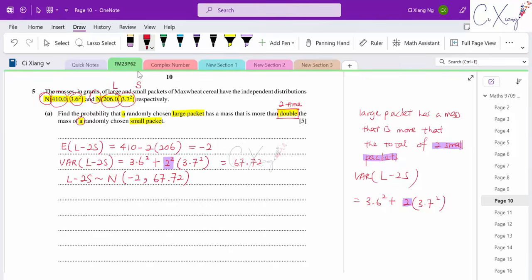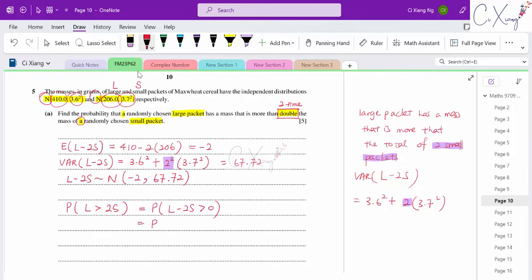Then now we will start to calculate the probability. According to the question, they are saying that one large packet is more than double the mass of one randomly chosen small packet, so 2s, and we are having L minus 2s greater than 0.